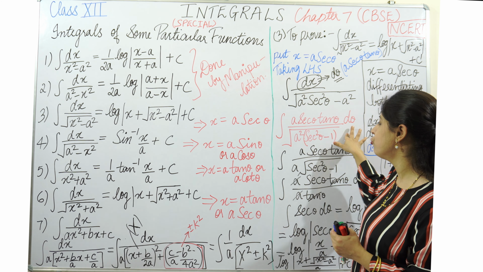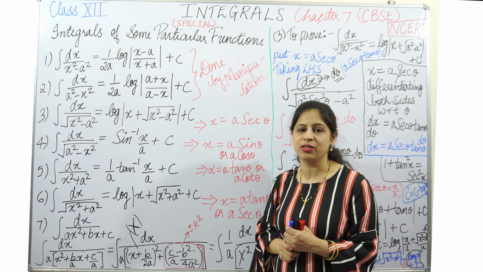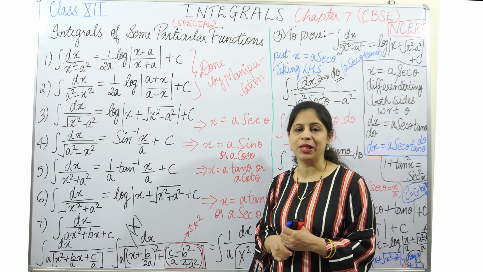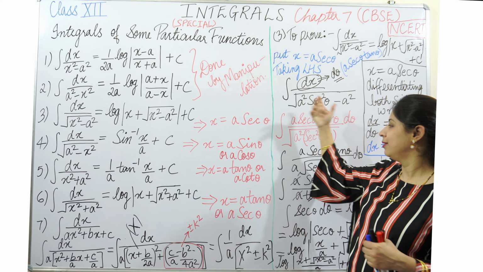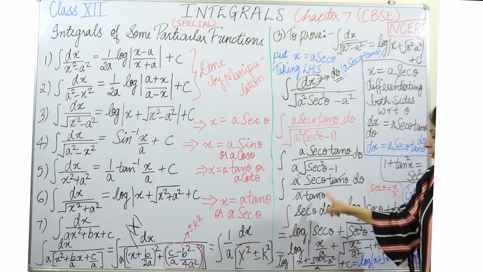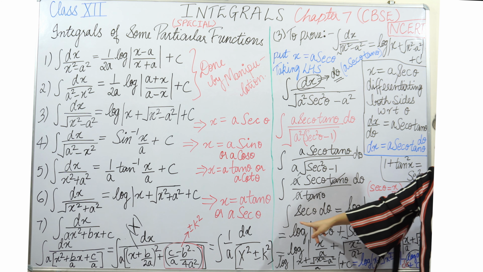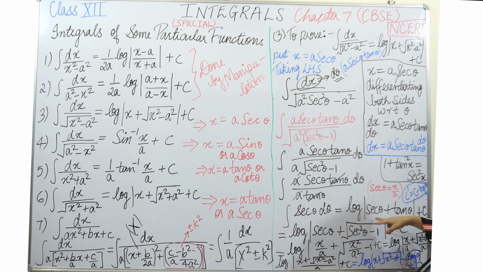Okay, so the main trick over here was substituting x to be equal to a sec theta. When you will be substituting it, then only you will be getting all these terms, and the tan theta will be getting cancelled, and then integration of sec theta d theta is left. That would be easy, and we can easily put over here sec theta plus tan theta.